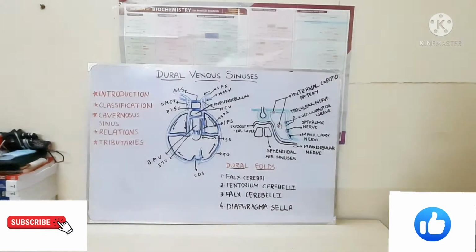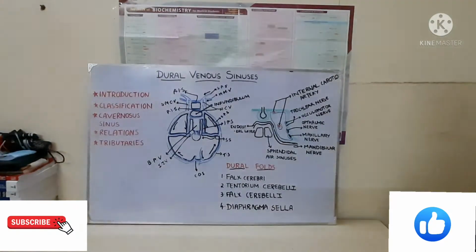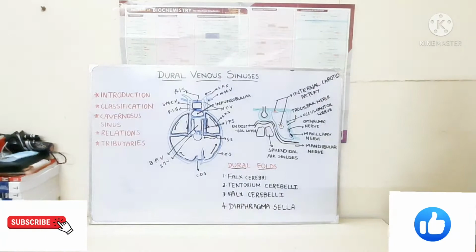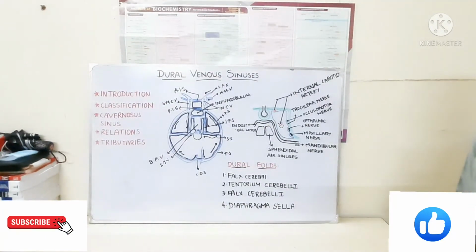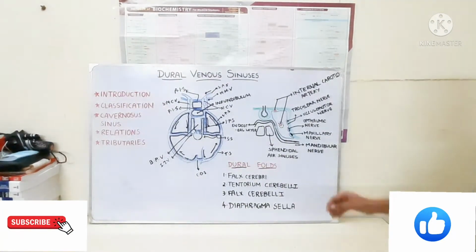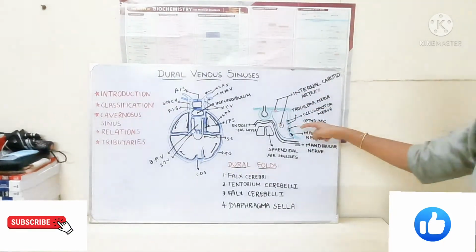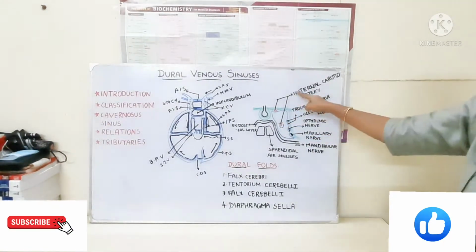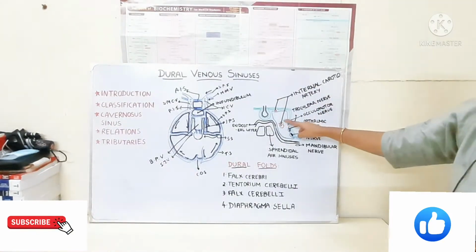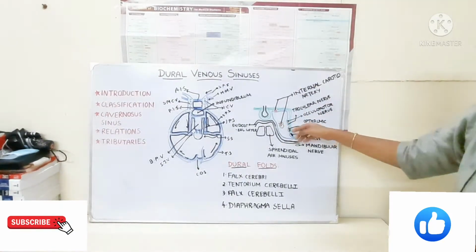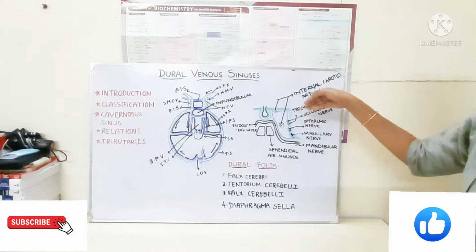Now let's talk about the relations of the cavernosus sinus. So superior to the cavernosus sinus, above the cavernosus sinus, as you can see, this is the internal carotid artery. This red color marking is the internal carotid artery, and this artery has to go into the sinus from above.